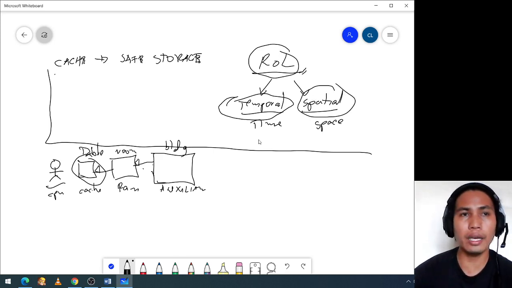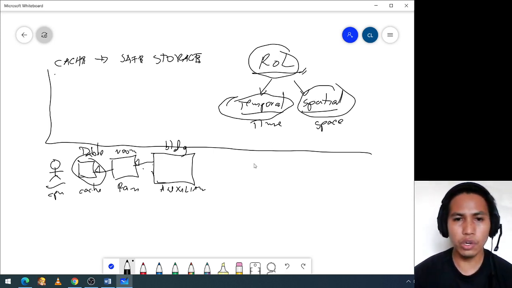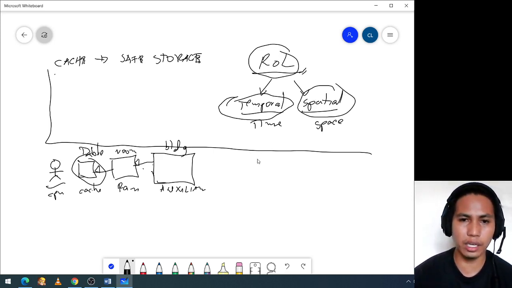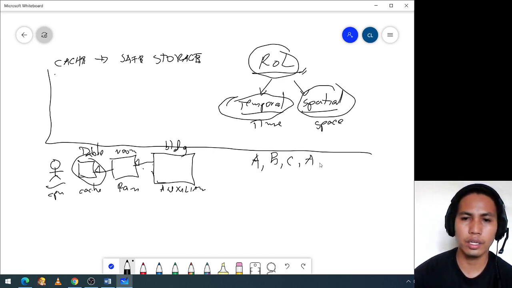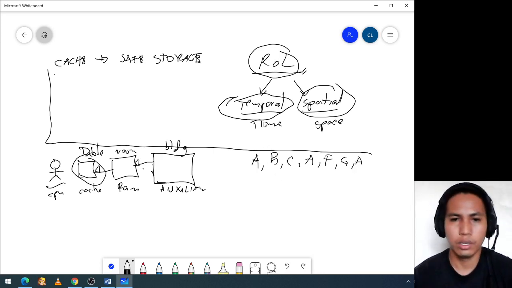Sir, what do we mean by temporal locality? Okay. So, imagine this is the data po natin. So, ito yung mga data or requests na mga ginawa ni CPU po natin. So, A, B, C, then A, then F, then G, then A. And so we are talking about temporal locality.